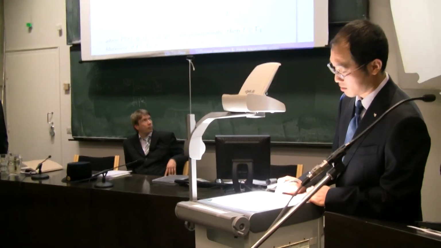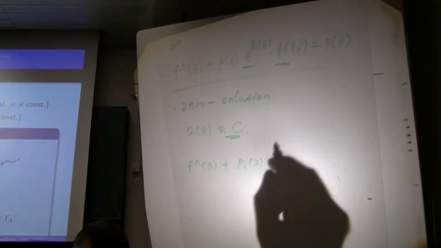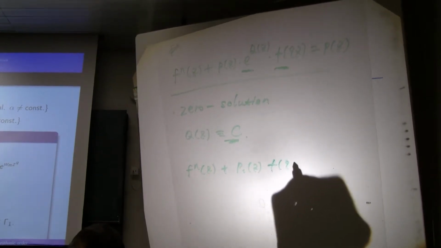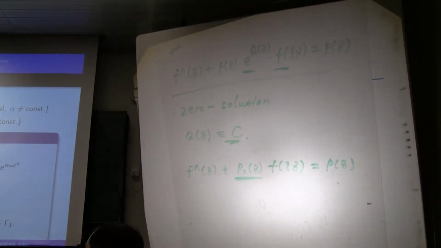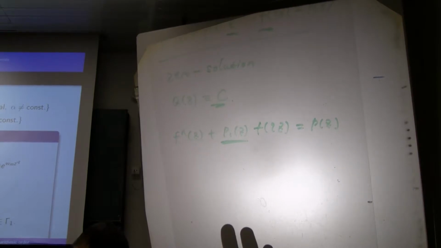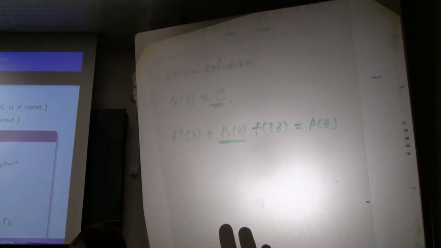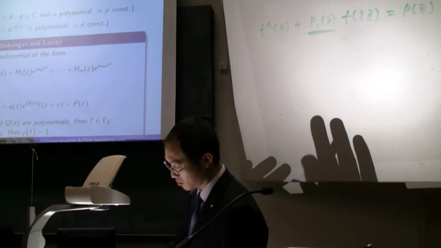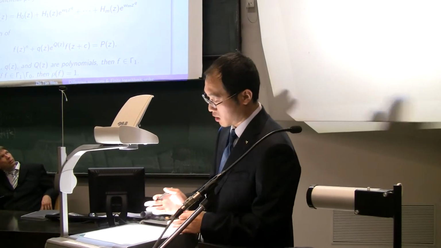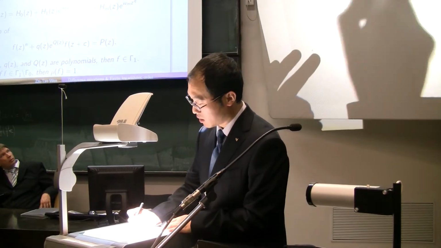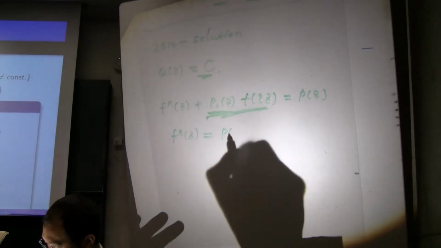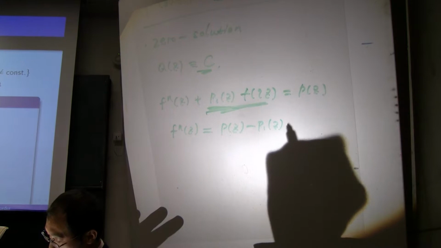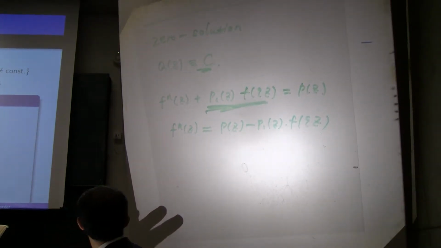If Q(z) is a constant, we write these equations in this form, where P(z) is a polynomial. And we put this into the right-hand side. We have this equation.